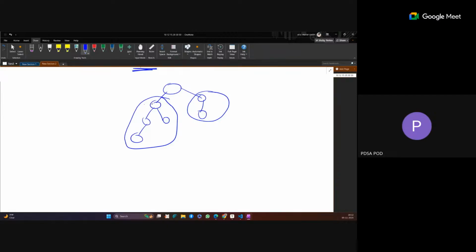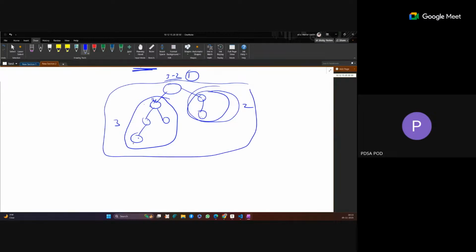The height is the number of nodes in the longest path from the root node to any leaf node. So this is 1, 2, 3, so 3 is the height of this subtree, and the height of this side is 2. So the difference between the left subtree and right subtree is 3 minus 2, which is 1. So we will consider this a balanced tree.